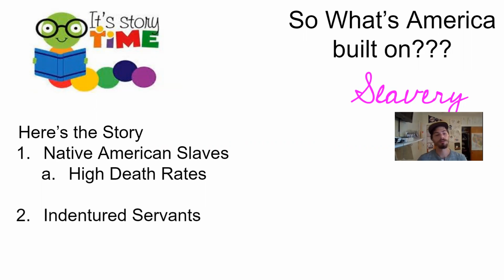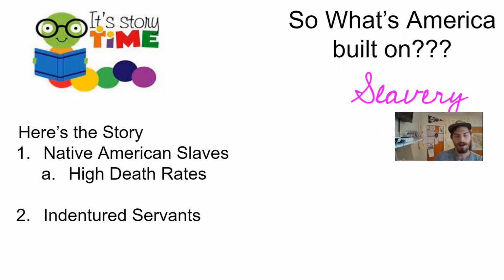So the slave owners say, okay, we need someone else. And that brings us to indentured servants, which we are going to have our entire lesson about. They take poor white people from Europe. They want to leave Europe because they're poor. They want to come to America because there's opportunity, but getting over on the boat from Europe to America is expensive.